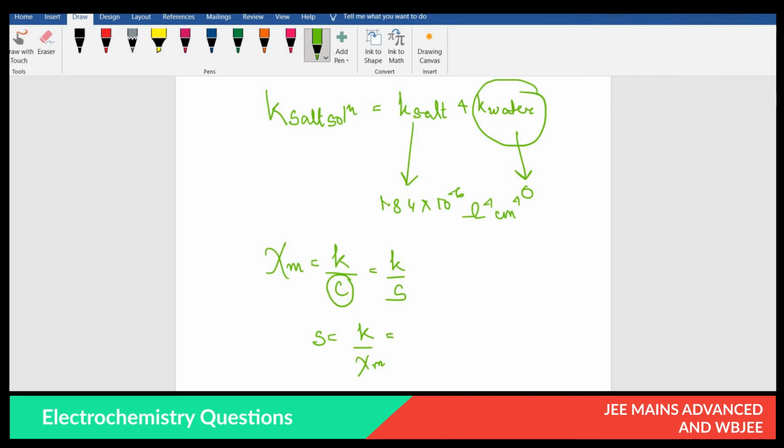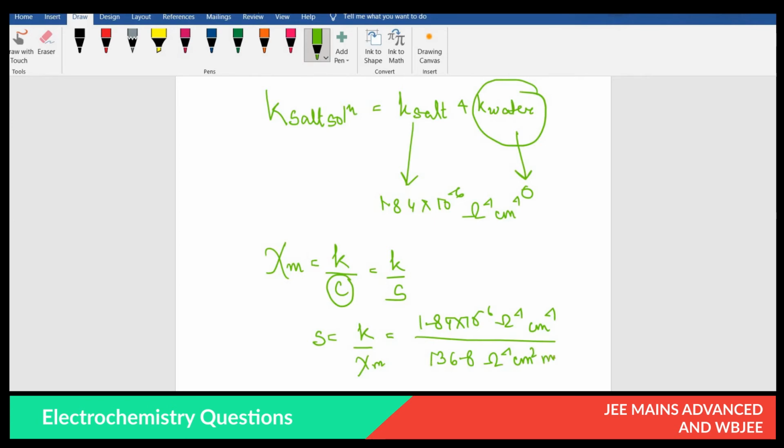Kappa is given as 1.84 into 10 to the power minus 6 ohm inverse centimeter inverse, and you have lambda m as 136.8, I'm sorry, ohm inverse centimeter square mole inverse.